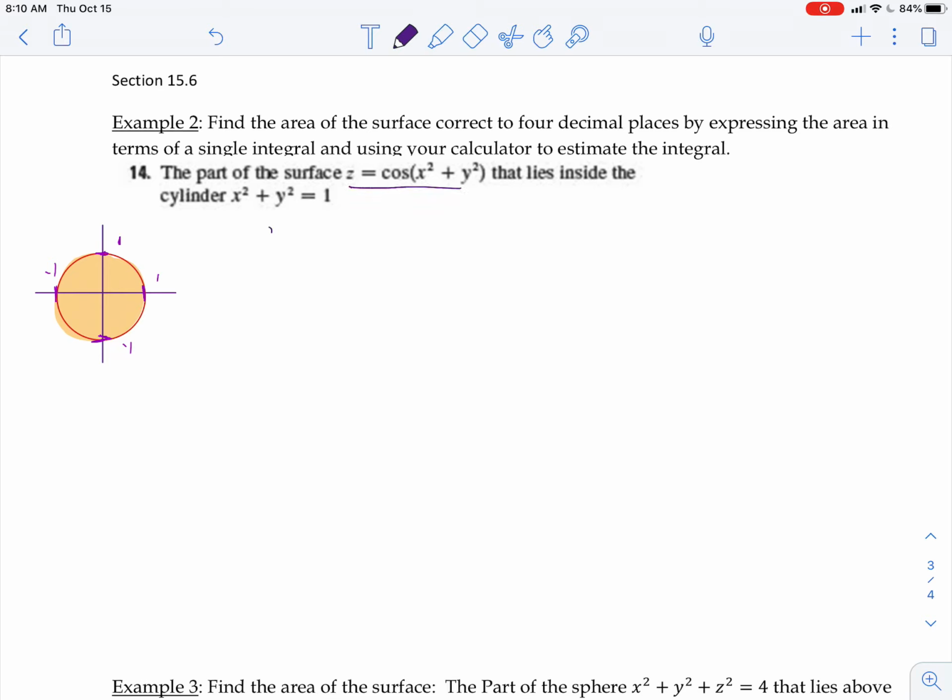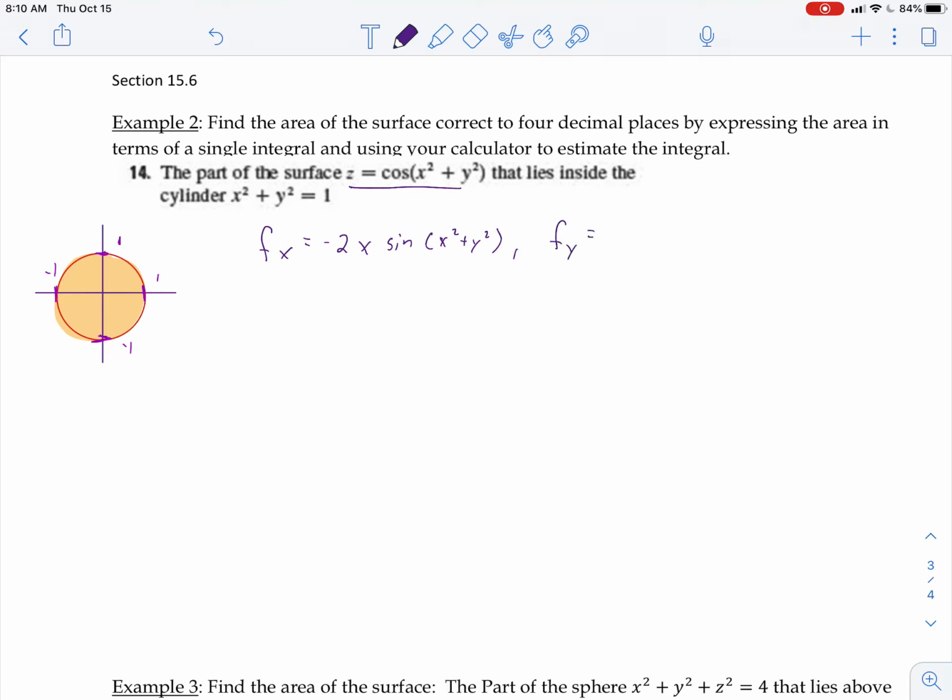All right. So now it says we want to find the area of the surface correct to 4 decimal places. Let's go ahead and find our partial derivatives. We know our function z. The derivative of the inside is going to be 2x with respect to x. The derivative of cosine is negative sine, so the partial with respect to x is negative 2x sine of x squared plus y squared.